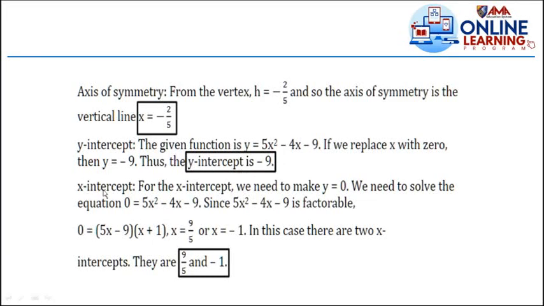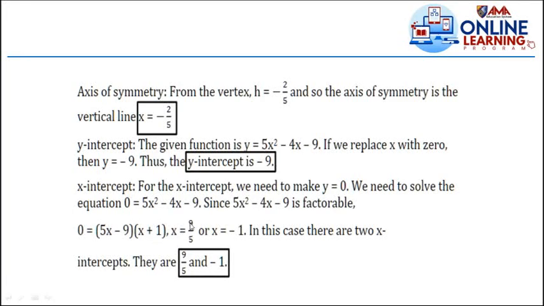Next, x-intercept. For the x-intercept, we need to make y is equal to 0. It's the opposite. We need to solve the equation 0 is equal to 5x squared minus 4x minus 9. So, since 5x squared minus 4x minus 9 is factorable, 0 is equal to 5x minus 9 multiplied by x plus 1.